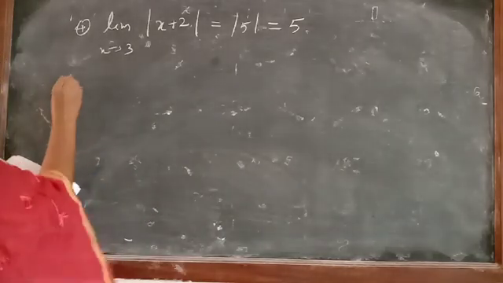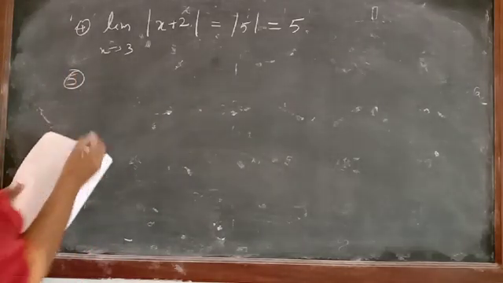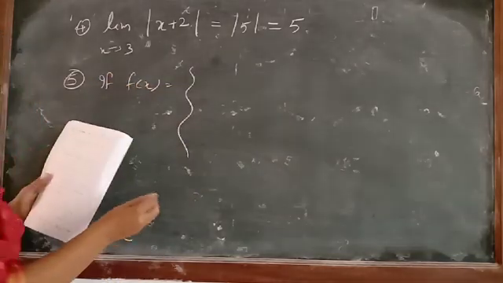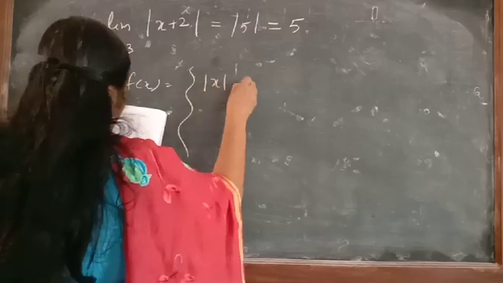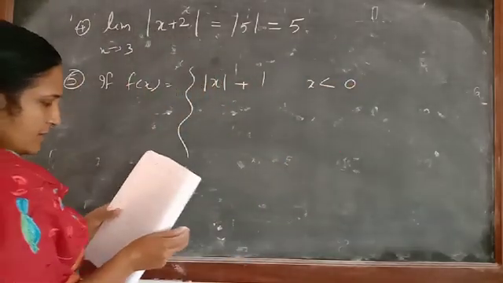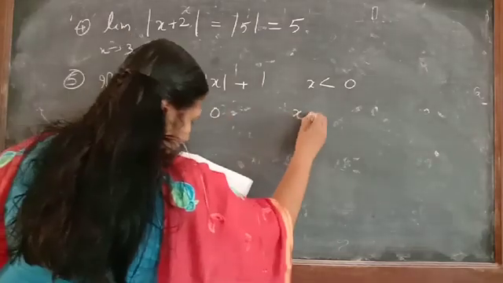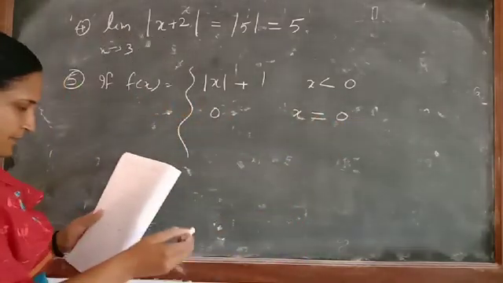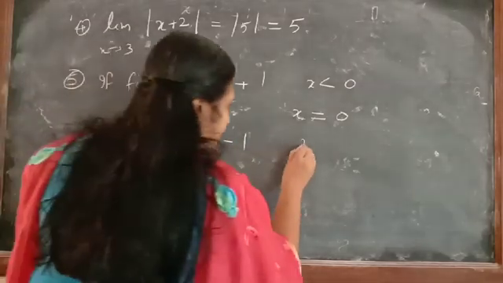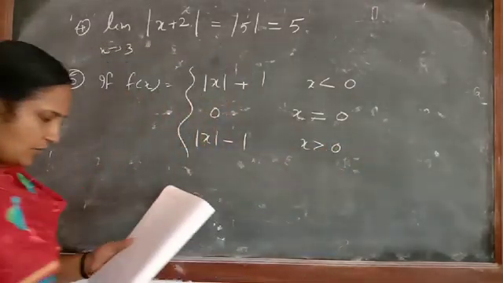Question number 5. In question number 5 it is written, if f of x is equal to mod x plus 1 if x is less than 0, and it is equal to 0 if x is equal to 0, and it is equal to mod x minus 1 if x is greater than 0.